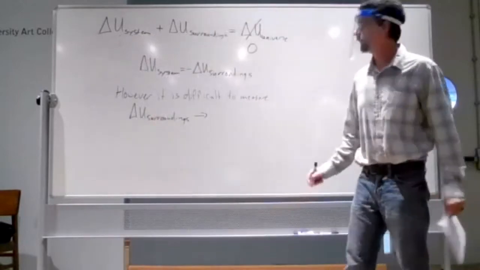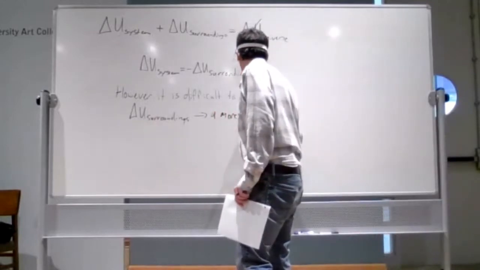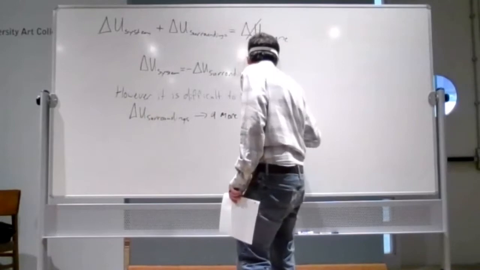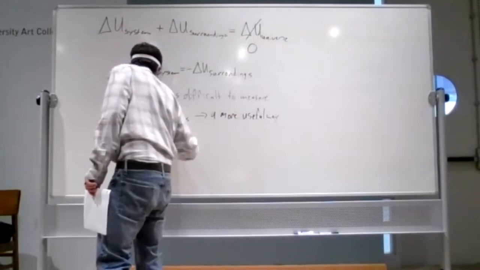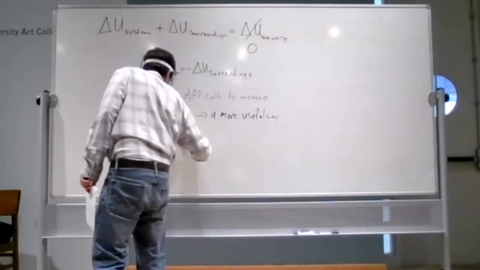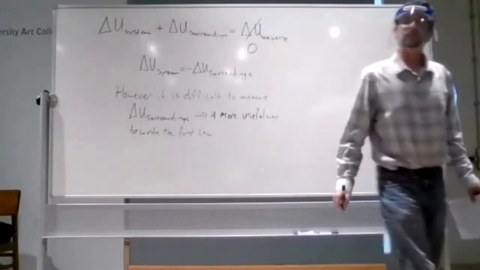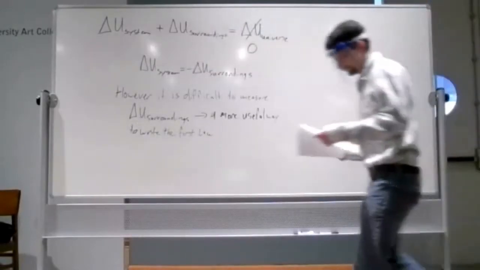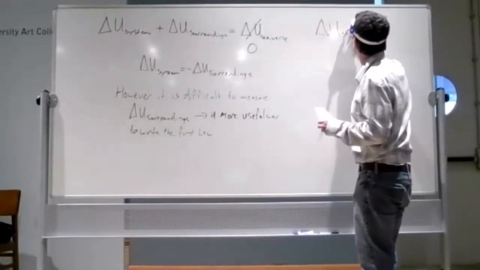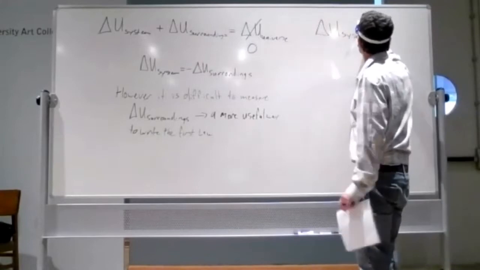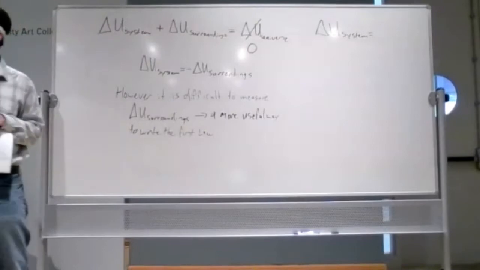So a more useful way to write the first law is to only consider delta U of the system. So for delta U of the system, we have to look at the energy coming and leaving from the system.